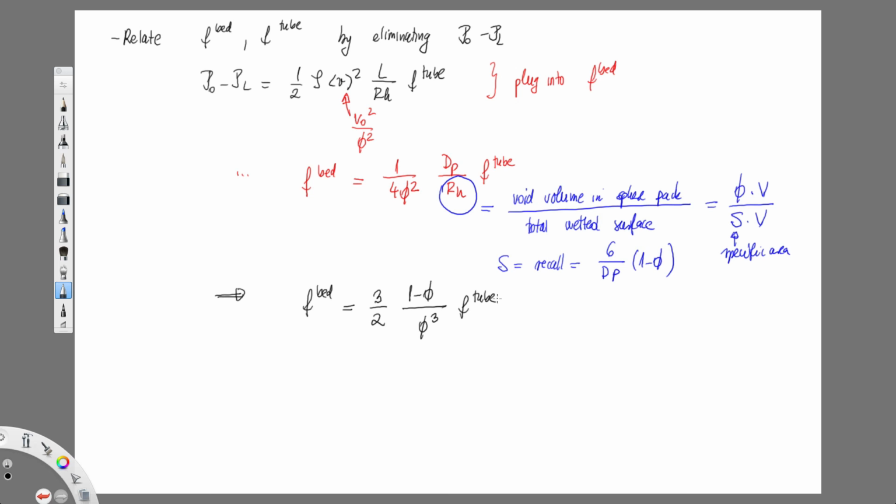So now what basically remains to be done is substitute different flow regimes. And of course, compare with experiments and fix as necessary.